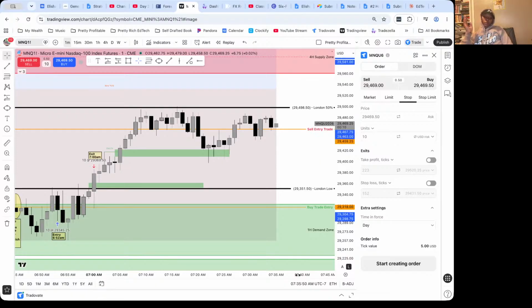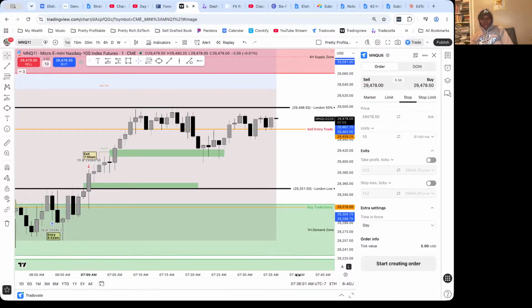Also, what I do appreciate is that in the mentorship that I am in, ain't no signals. She'll give us, hey, this is what I'm seeing, I marked in my chart, that's what I'm looking for. But ain't no signals. It ain't like we're relying on her to know when to get in or get out.